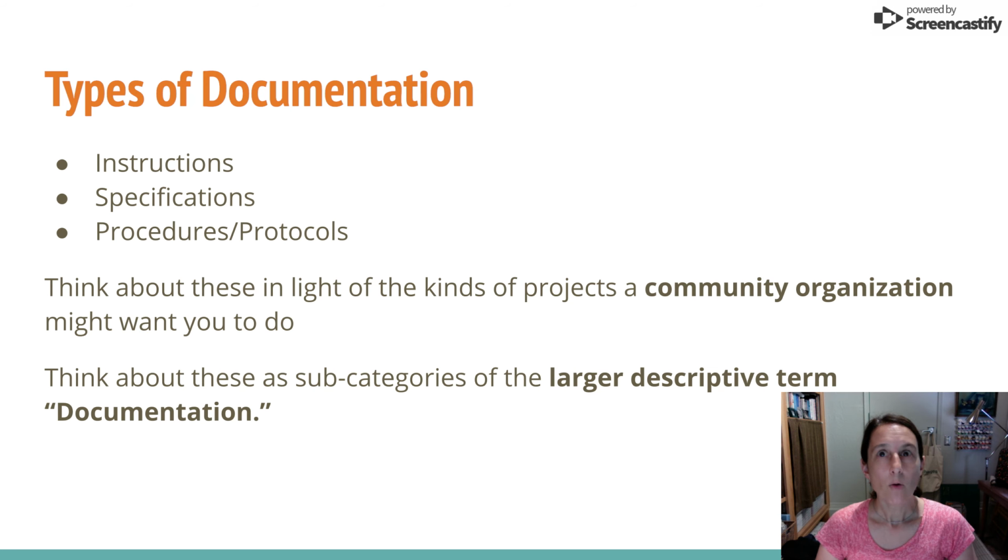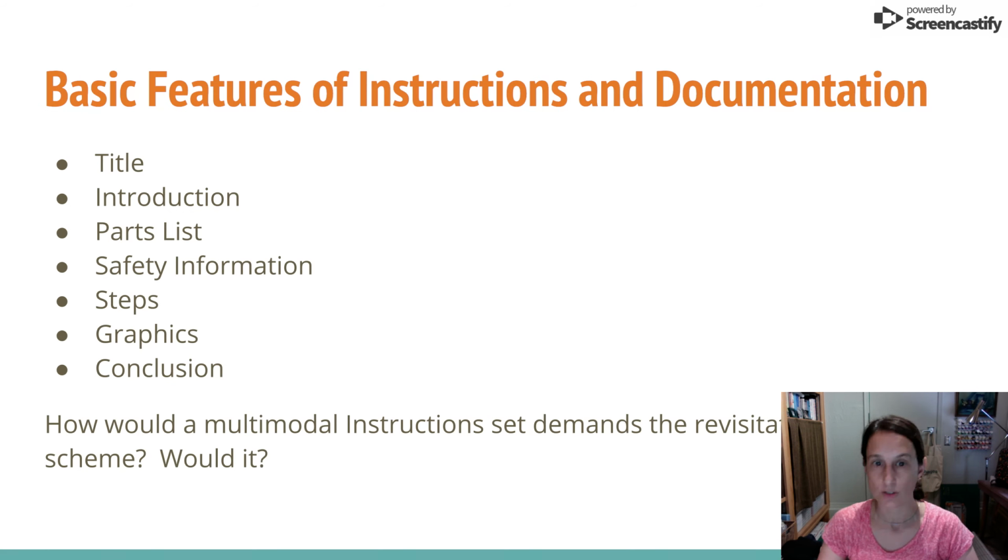Think about how community organizations or nonprofit organizations or even large companies, for-profit companies, use documentation just in the everyday process of performing the work that they do. So think about these 3 bullet pointed items on your screen as subcategories of the larger descriptive term documentation.